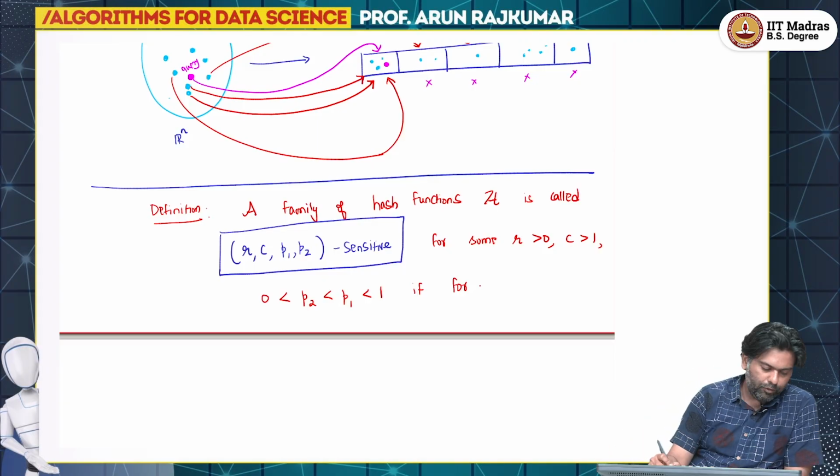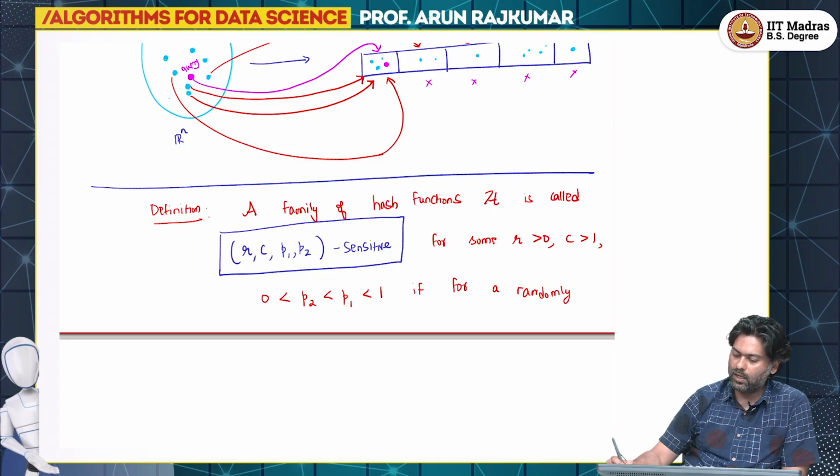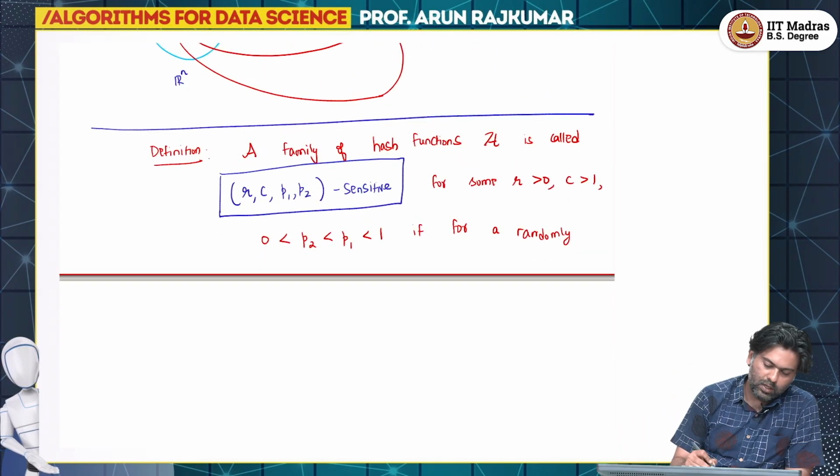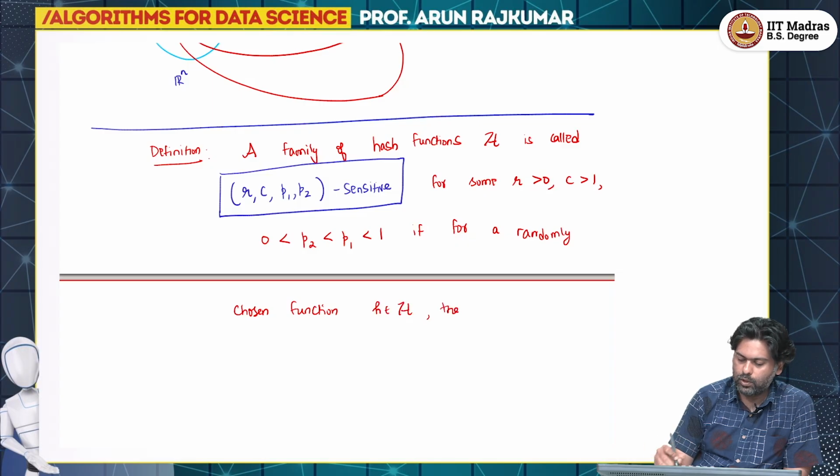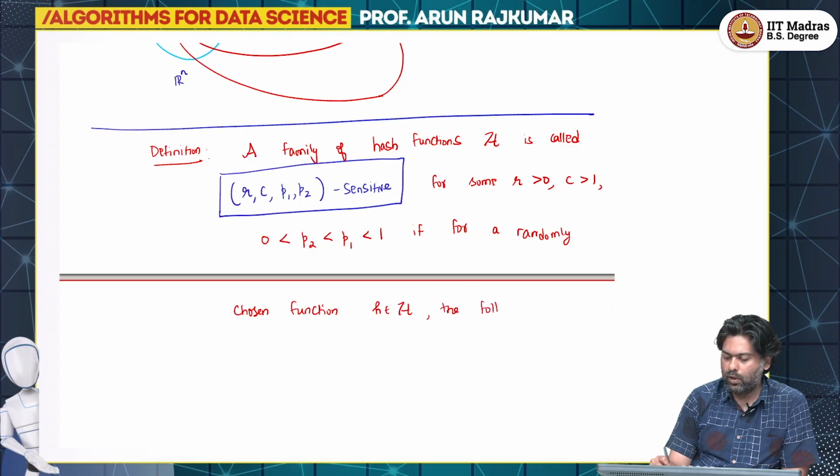What happens for a randomly chosen function? I close my eyes, put my hand inside the bag and pick one function. Let us call that function small h in H. If for a randomly chosen function h in H the following holds. What should hold?